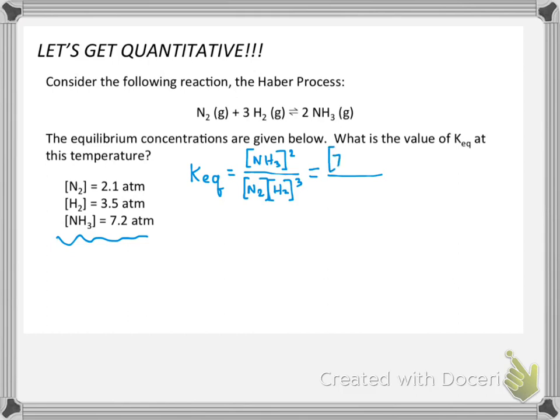We'll have 7.2 ATM squared divided by 2.1 ATM divided by 3.5 ATM cubed.